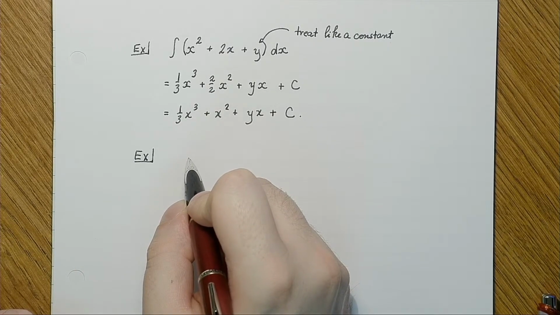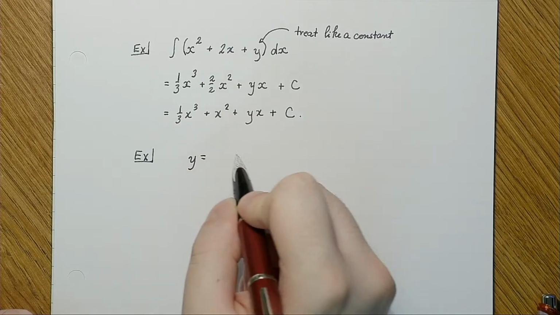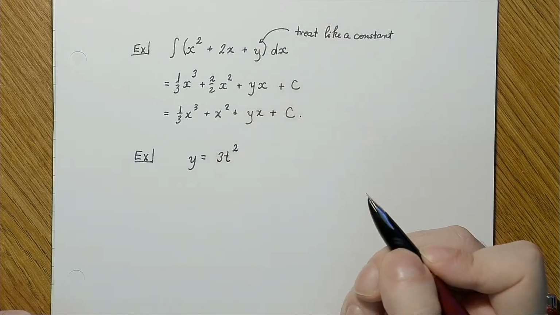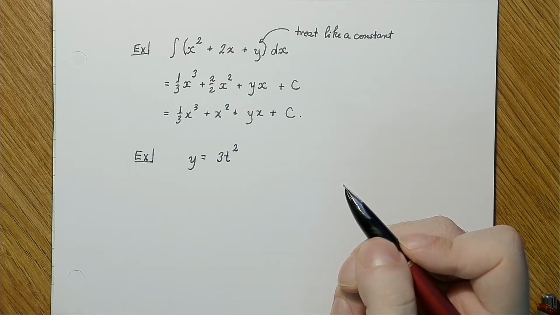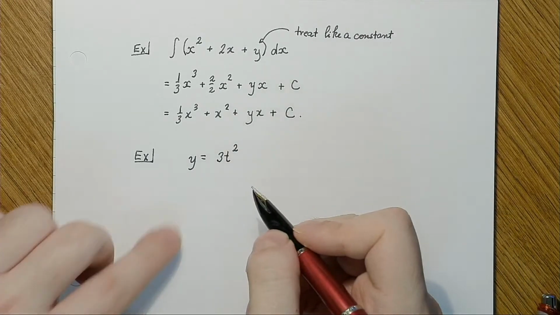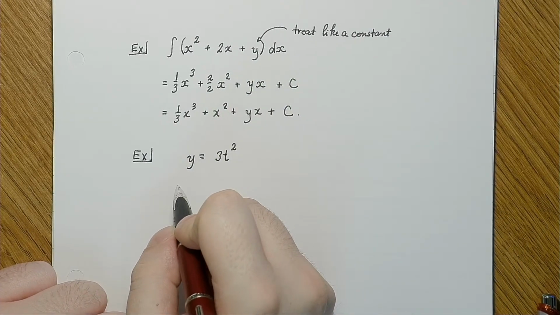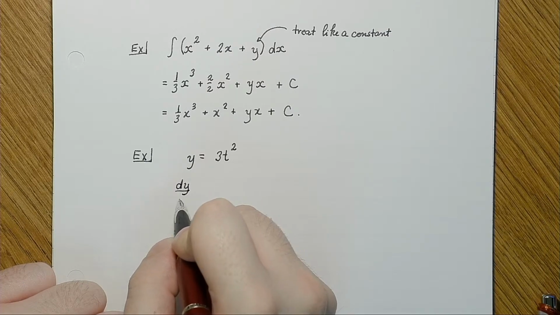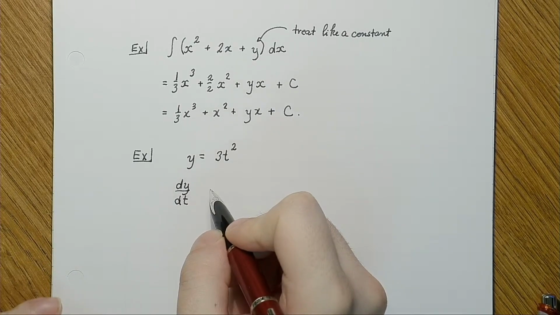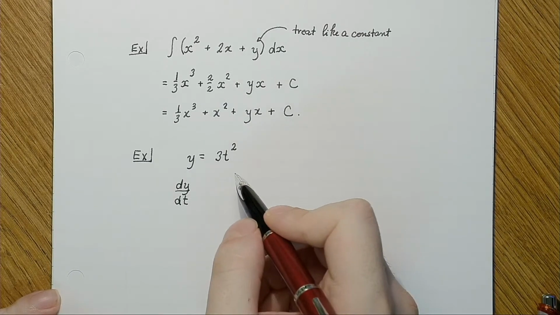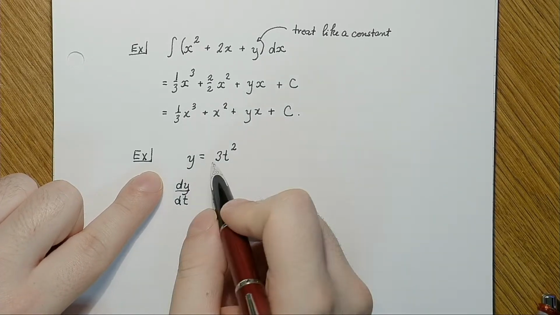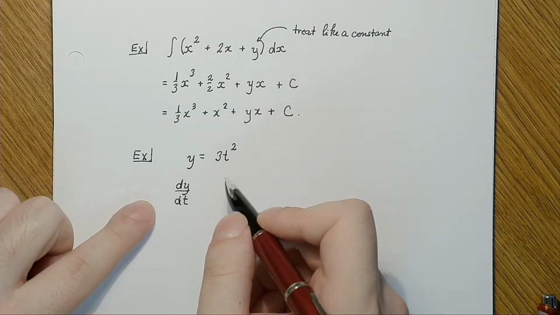If I have a y of 3t squared, and I take the derivative with respect to t, that's okay.